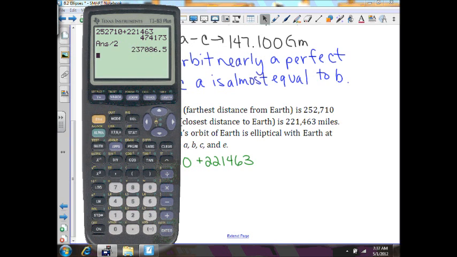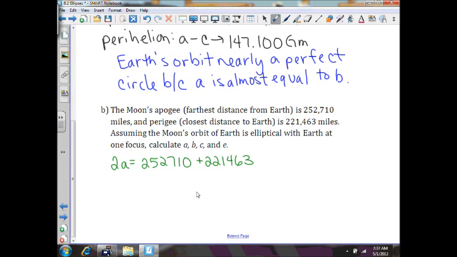So our a value is 237,086.5. Okay, so there's our a value.